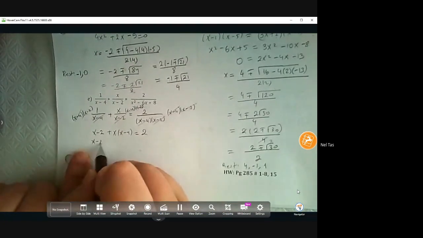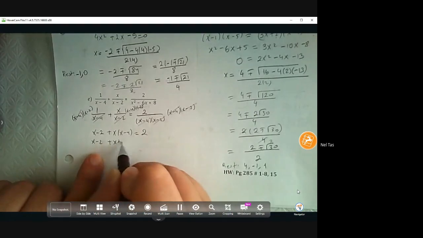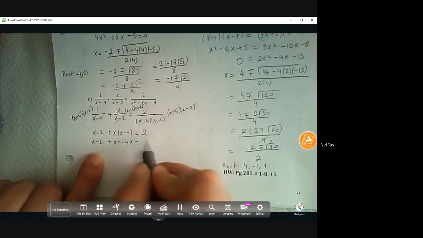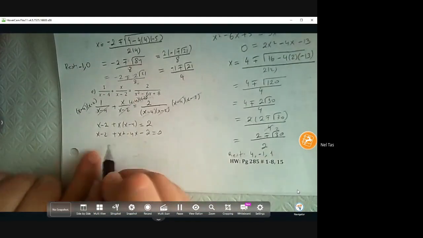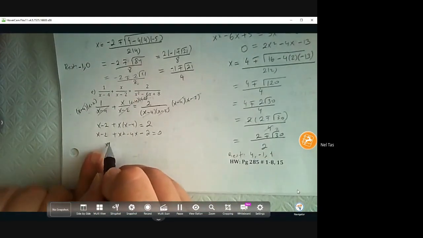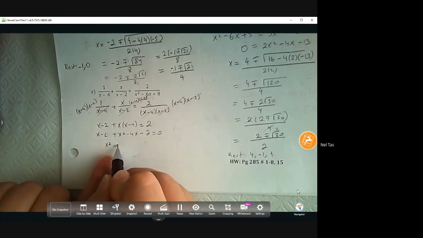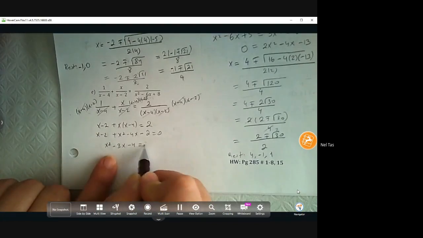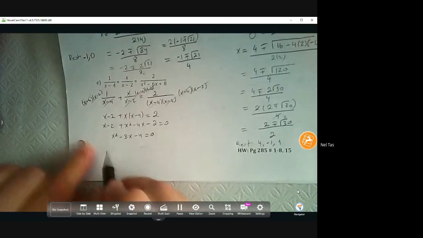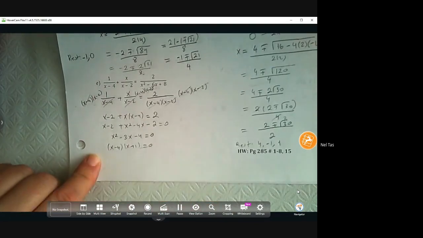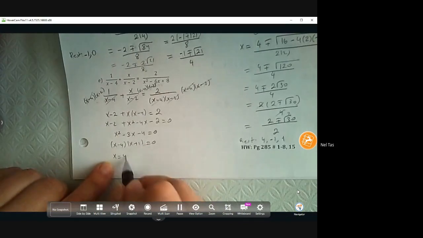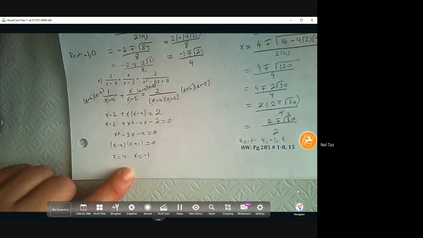Now expand x squared minus 4x. So we can move 2 to the left because we need to make one side equal to 0. So this will give you x squared minus 3x minus 4 equals 0. So this is factorable. So (x minus 4) times (x plus 1). And you get x equals 4 and x equals negative 1.